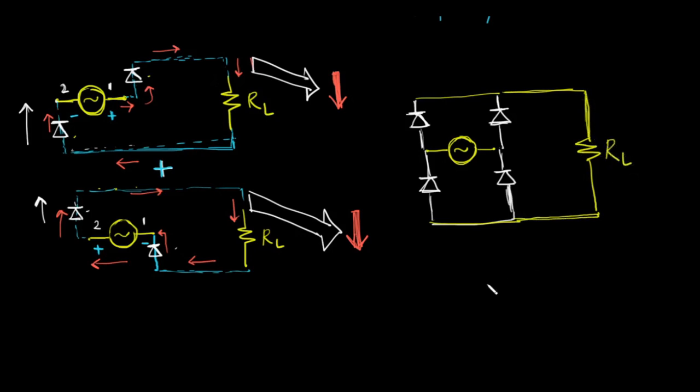Okay, this is RL and this is our input. Let me explicitly name the terminals again, 1 and 2.